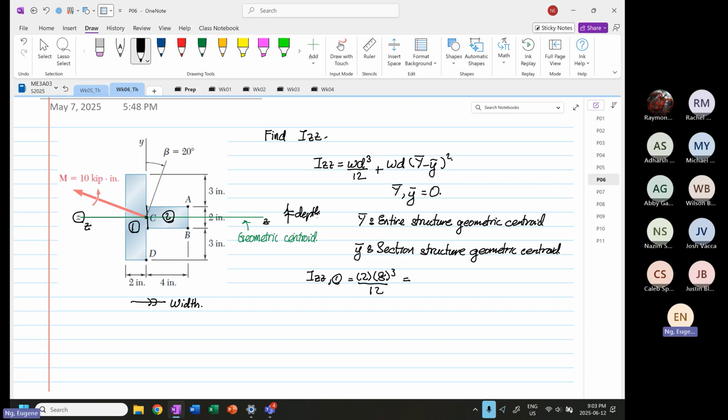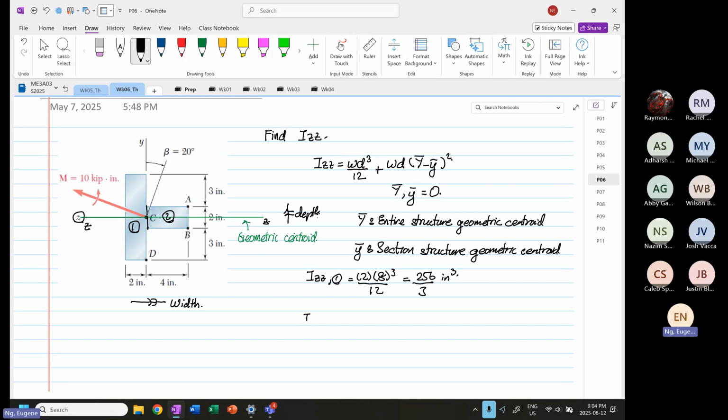So this is 2 times 8 to the power of 3 divided by 12, which is equal to 256 over 3, in inches to the power of 4.